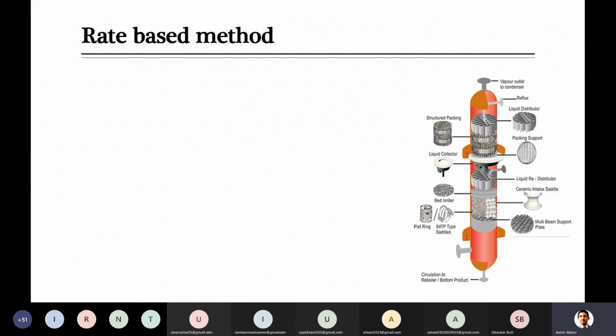Then in the last lecture, at the end, when we discussed the diameter, we pointed out that when the diameter of a tray tower column is less than 2 feet, then it is not good to go with the tray tower.